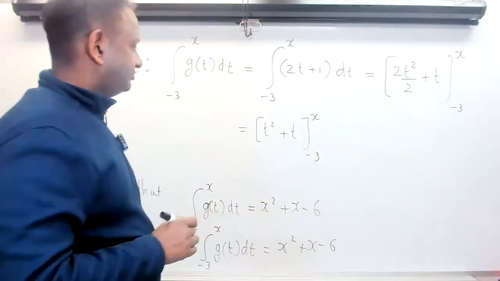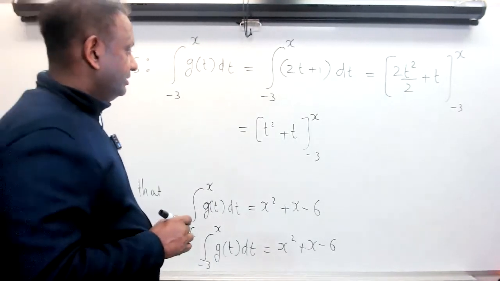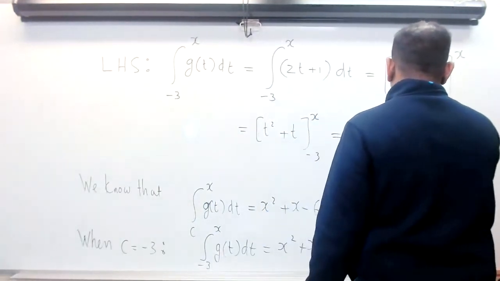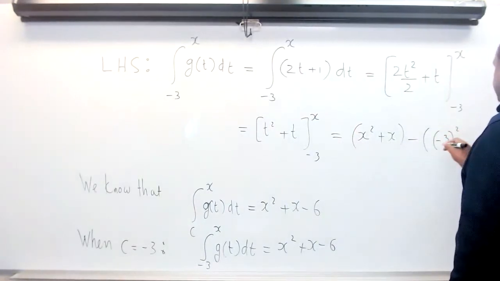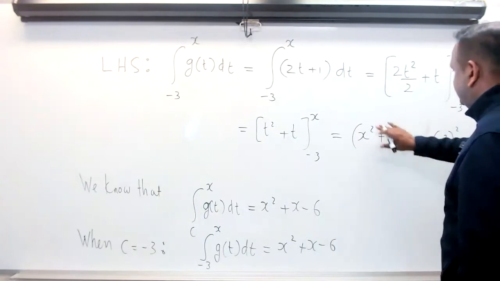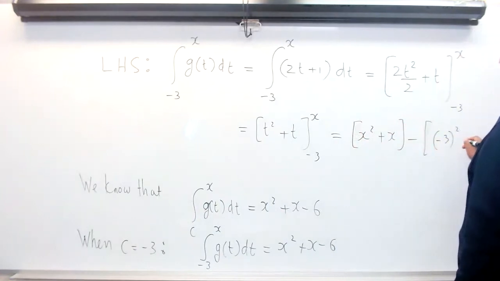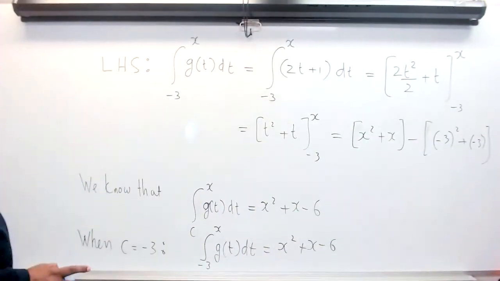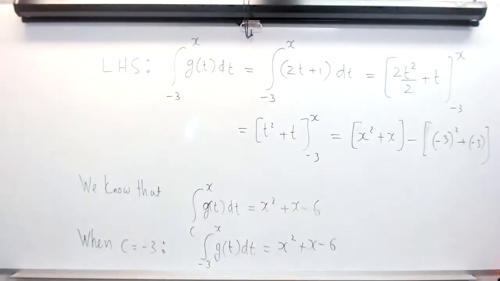Let's plug in: upper bound minus lower bound, negative 3 squared, I'm going to use brackets, plus negative 3. I'm trying to plug into this one and see whether the left-hand side is equivalent to the right-hand side when c equals negative 3.